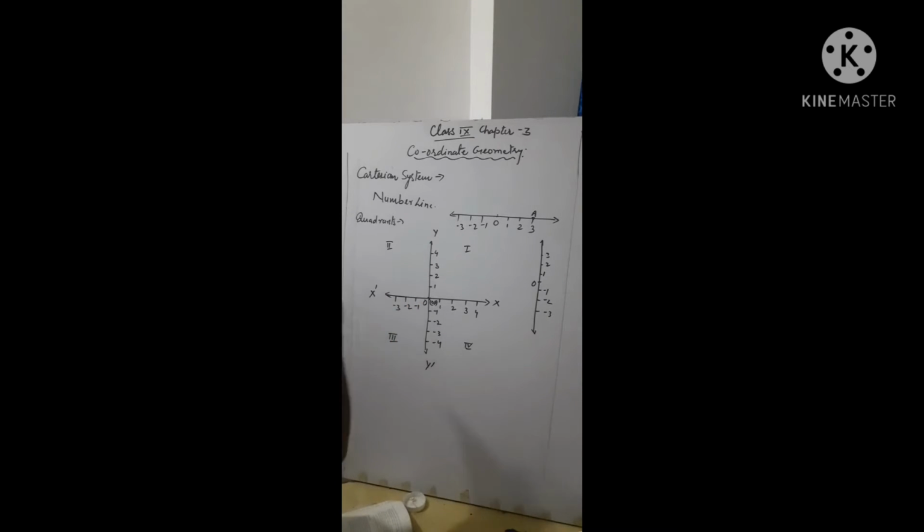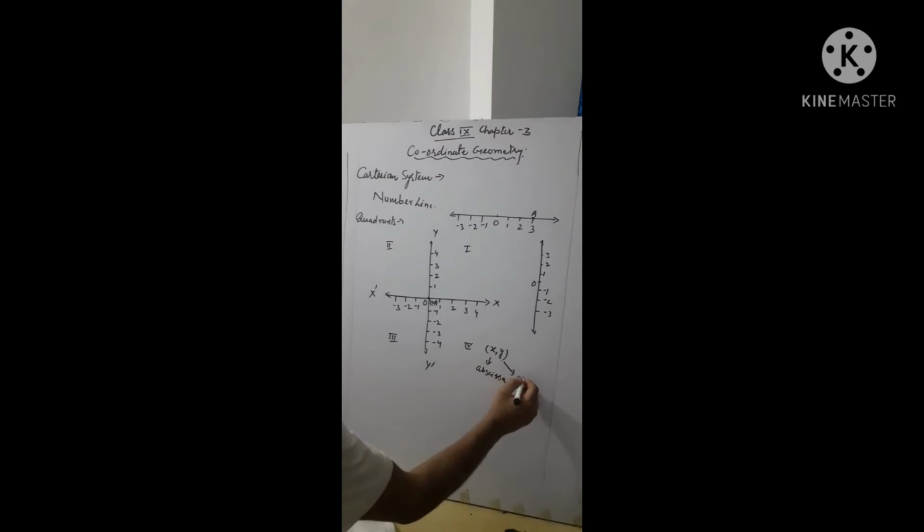The first number of this is called abscissa, and the second number of this is called ordinate. Means the first, x, is called abscissa, and the second is called ordinate.